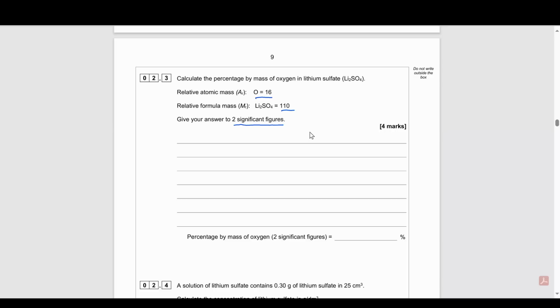To find the percentage of an element in a compound, what we must do is find the RAM of that element, divide it by the RFM of that compound, and then multiply it by 100. So the RAM of that element divided by the RFM of the compound multiplied by 100.